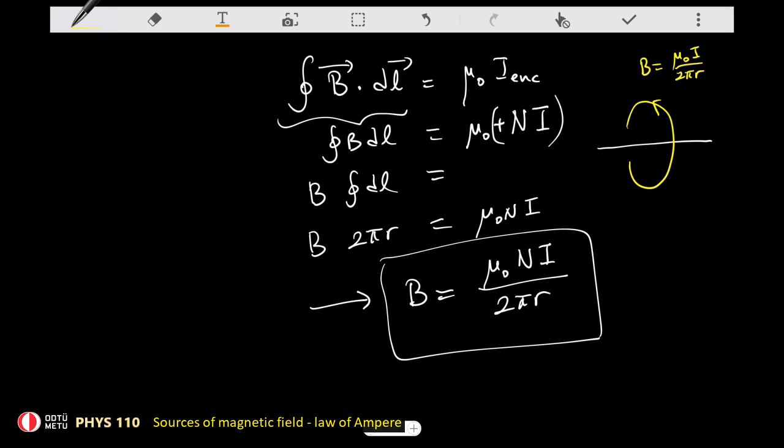A coincidence which is basically due to the fact that the magnetic field lines in both cases are circles. The 2 pi r factor in both expressions is the circumference of these circles. The numerators of the expressions come from the right-hand side of Ampere's law. There is no similarity between these two problems.